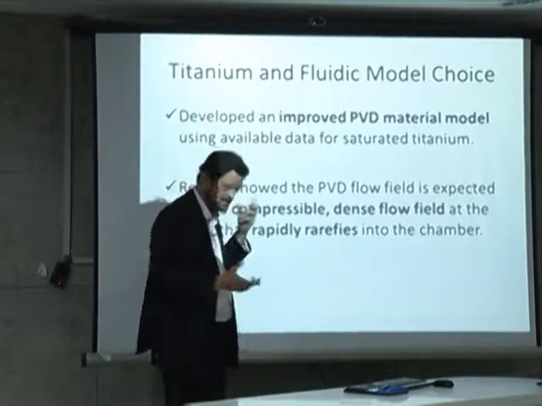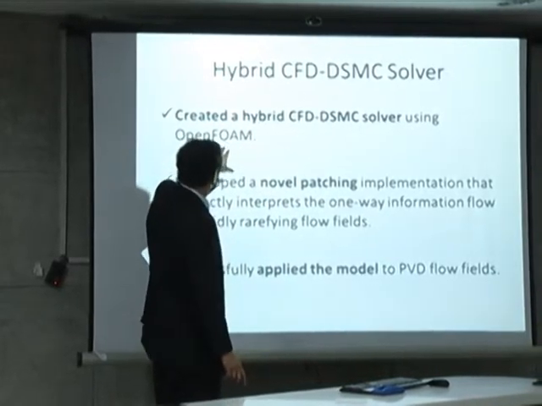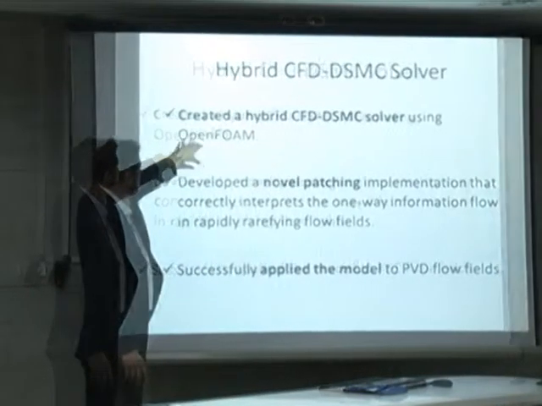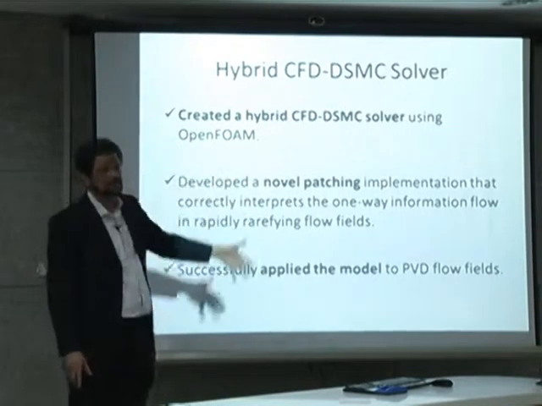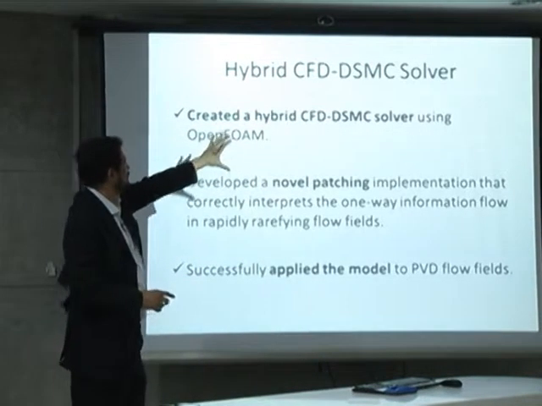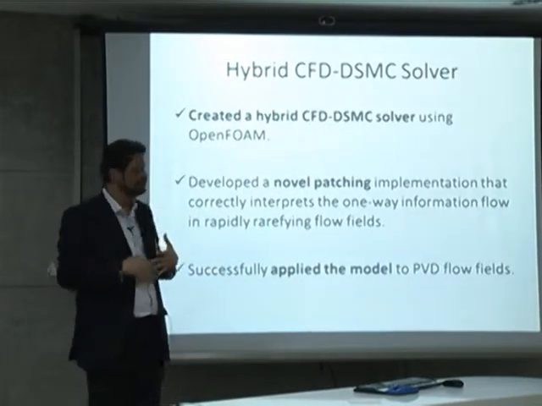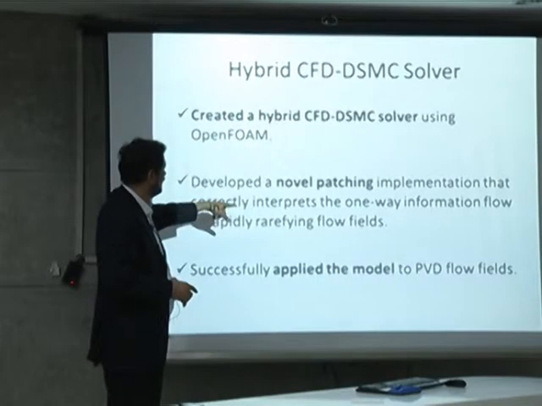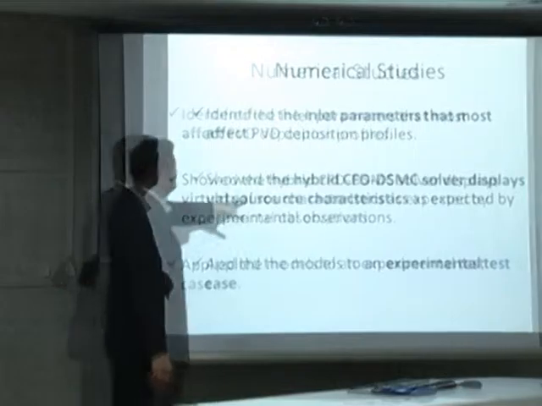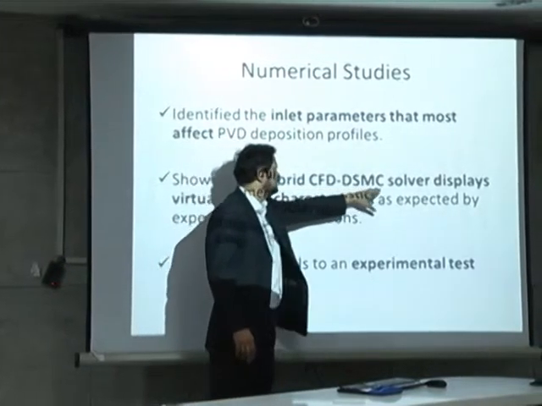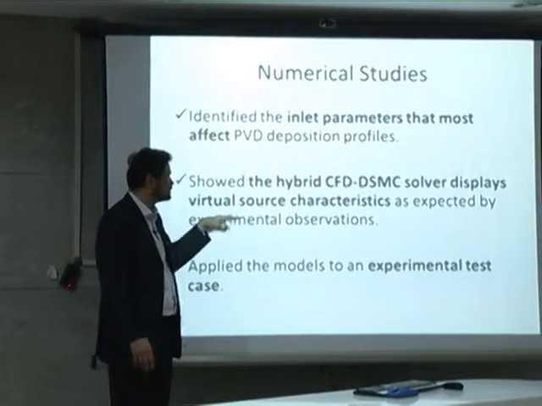It becomes sparse, and under certain circumstances, after we created the hybrid solver using the base software package of OpenFOAM, although all the hybrid stuff includes the computer software that we added to OpenFOAM, there are certain regions that basically this is important. A hybrid CFD-DSMC solver displays certain virtual source characteristics.